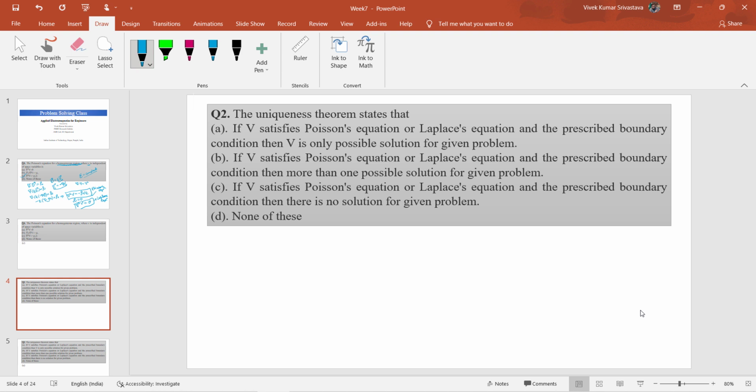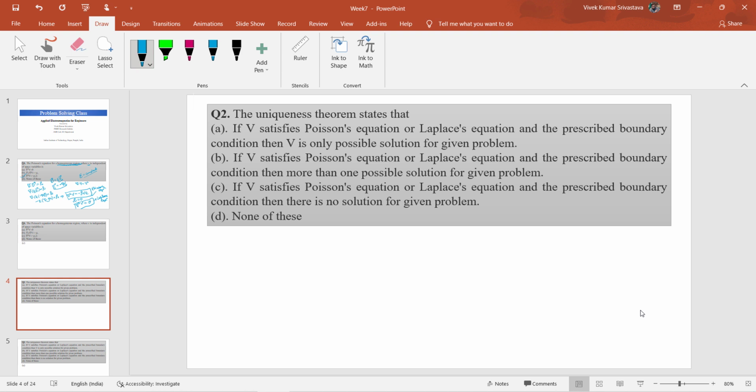Option B states that if V satisfies Poisson's or Laplace equation and the prescribed boundary condition, then there is more than one possible solution for the given problem. Option C states that if V satisfies Poisson's equation or Laplace equation and the prescribed boundary condition, then there is no solution for the given problem, and option D is none of these.